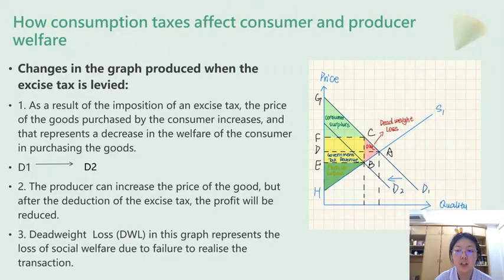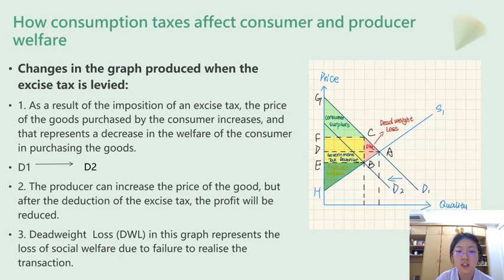Okay, let's move to part one first. The changes in the graph are produced when the excise tax is levied. As a result of the imposition of the excise tax, the price of the goods purchased by the consumer increases, and that represents a decrease in the welfare of the consumer in purchasing the goods, and the demand curve moves from D1 to D2.